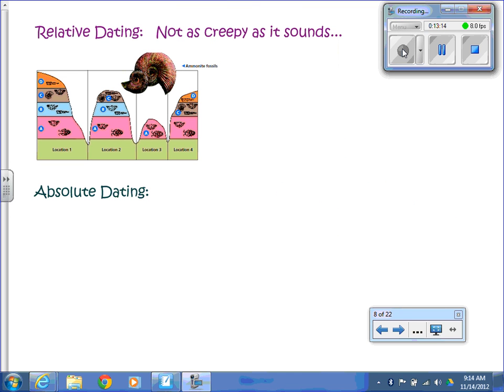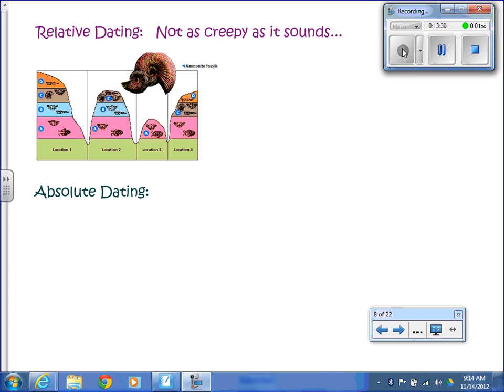Okay, so now we put these things together to come up with how old are the rocks. And we have relative dating, not as creepy as it sounds, and absolute dating. I know, see?